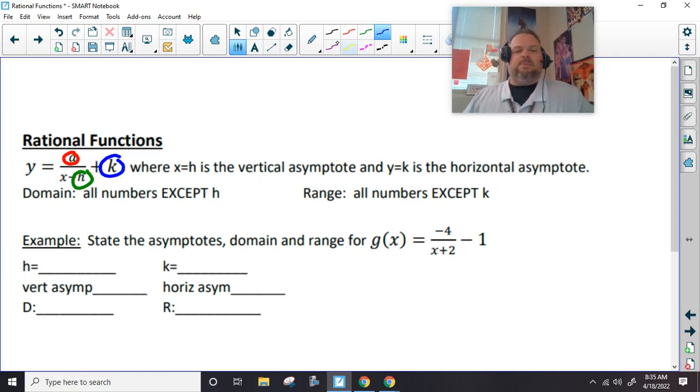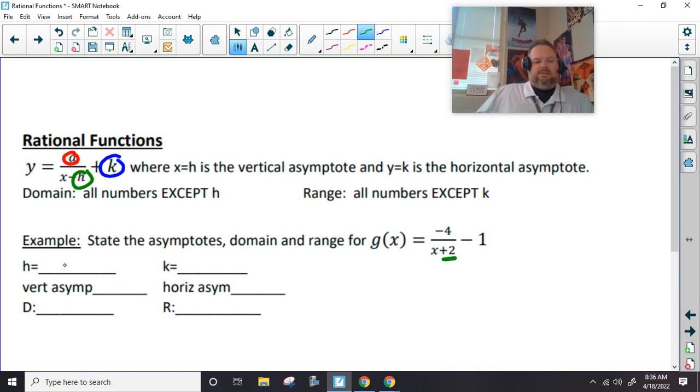So x equals h is the vertical asymptote, and I'll explain that here in a second. Y equals k is a horizontal asymptote. The domain is all numbers except h, and then the range. It's actually a lot easier than what it looks like. Our h value, remember, is the opposite of this.